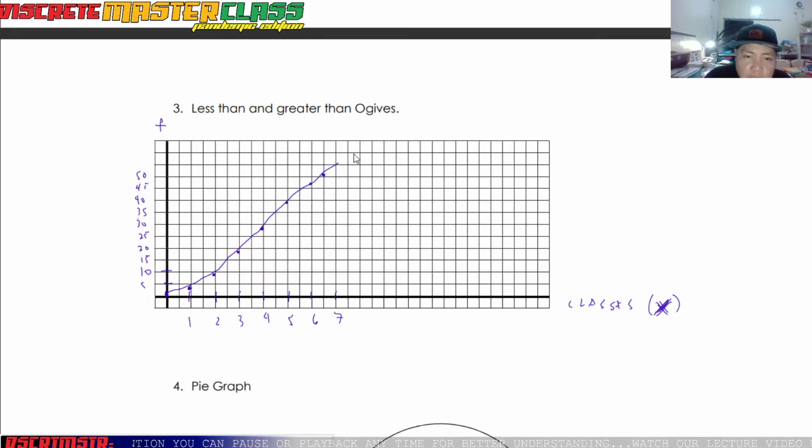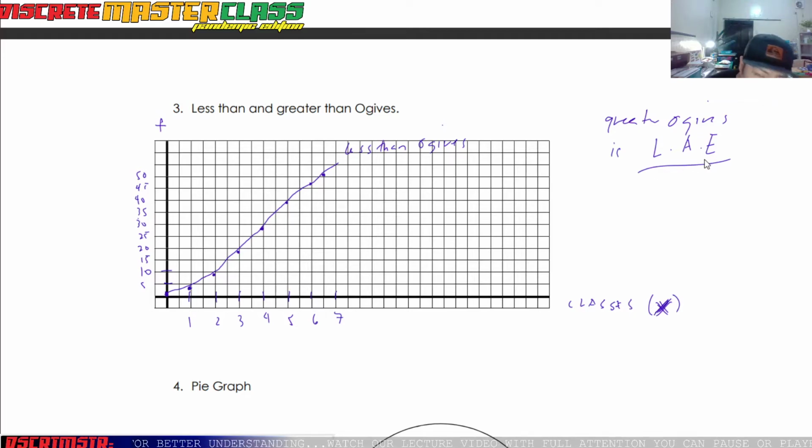Ang tawag dyan is less than ogives. Okay? So, I assume na kaya mo nang gawin greater than ogives, is leave as exercise. Kaya mo na yan. Okay?